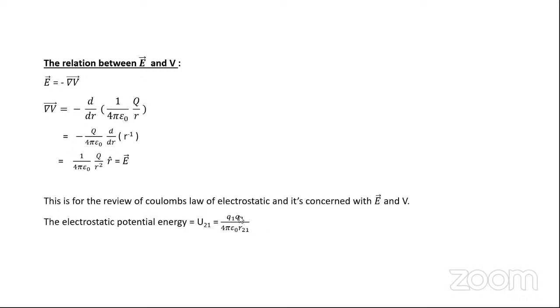So how much work will be done in that process, in the assembling of that system, will be simply you have to multiply by Q2 to Q1 divided by this. This is the amount of work done in assembling this system of two charged particles having charge Q1 and charge Q2, and the distance between the two charges is R21.